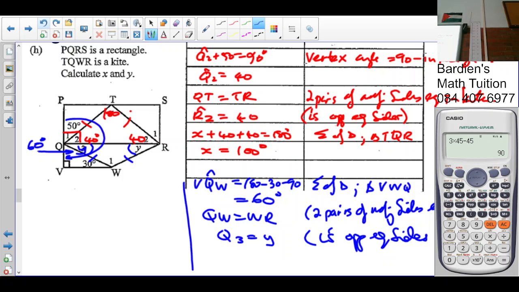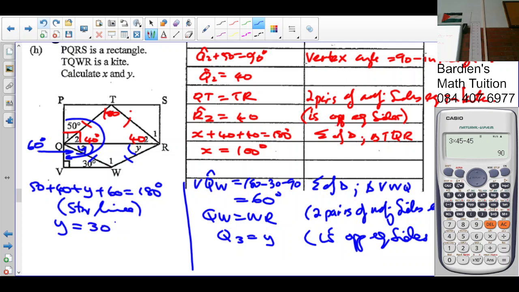So you're going to say 50 plus 40, or I could have just said 90, plus y, plus 60 equals 180. Why is that the case? Because it's a straight line. The way that you had was actually quicker, no? So y is equal to 30 degrees. I just realized I'm writing one reason too many here. Yours is one less.